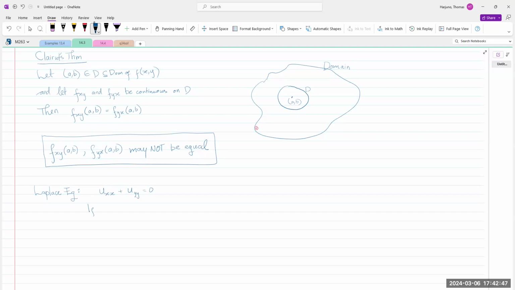Now, if a function u with respect to x and y satisfies the Laplace equation, then the function is called a harmonic function.